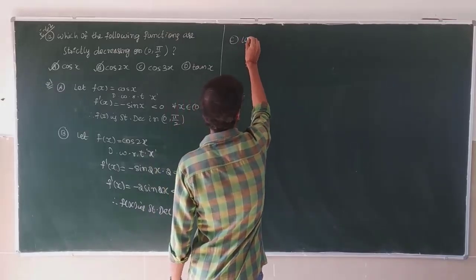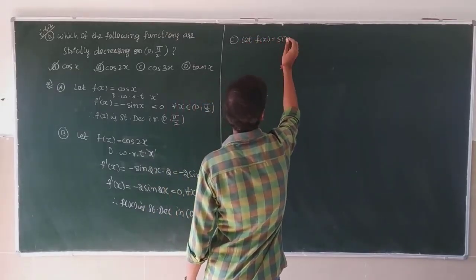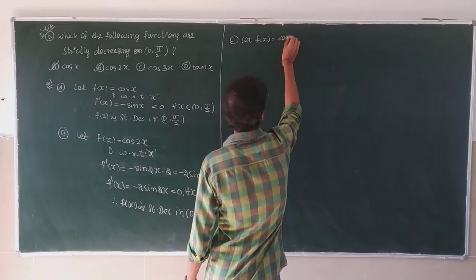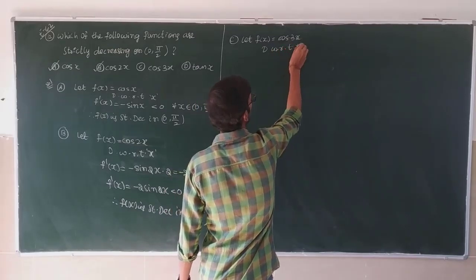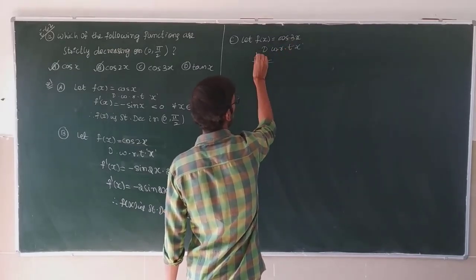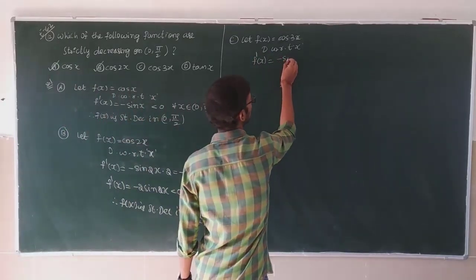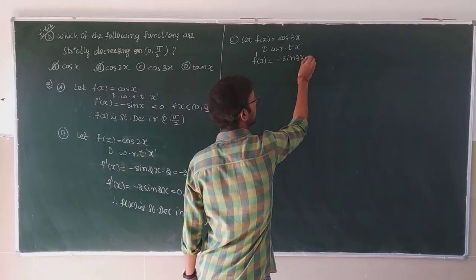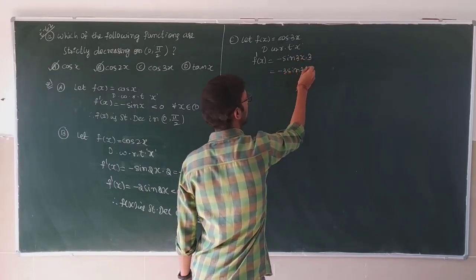Let f of x is equal to cos 3x. Derivative with respect to x: f dash of x is equal to, what you'll get, minus sin 3x, the derivative of 3x is 3, minus 3 sin 3x.